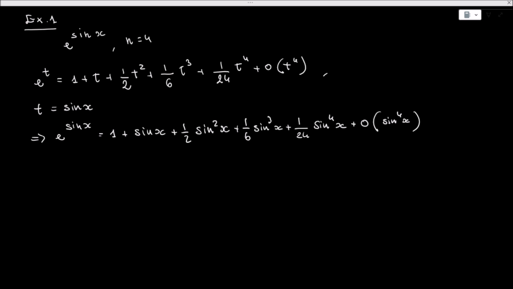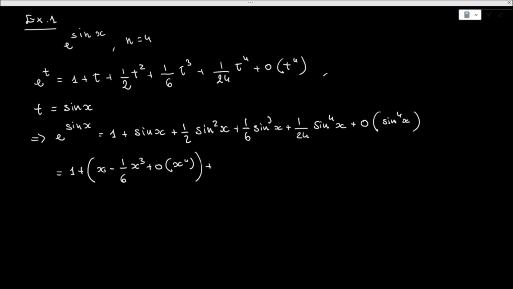and now, because we want to obtain a polynomial, we will expand sine of x, sine square of x, sine cube of x, and sine to the fourth of x. So this is just equal to 1 plus. We will replace sine of x with the expansion up to the order 4, which is x minus 1 over 6 x to the cube, and we know that this is the expansion up to the order 4 because all the even powers are missing.